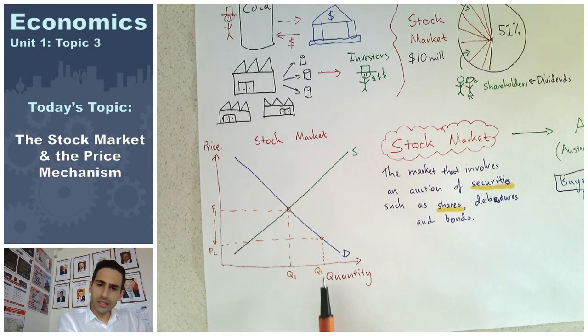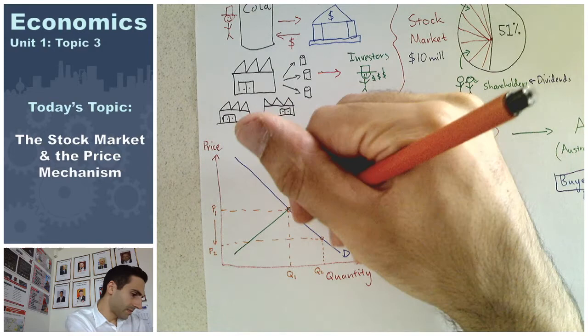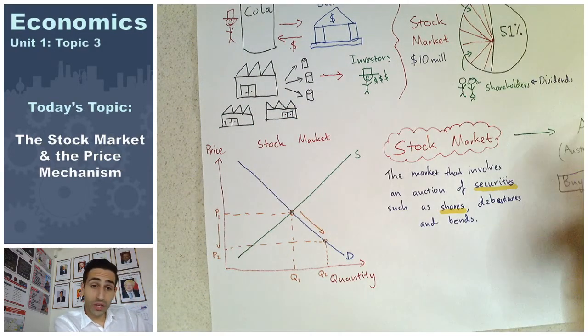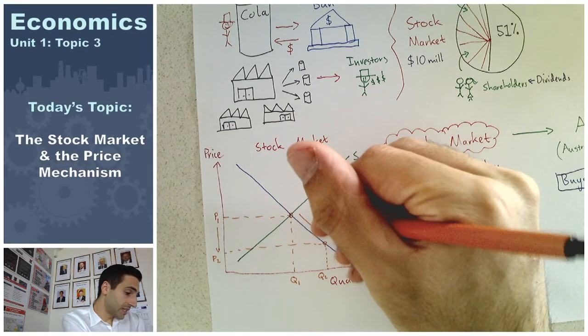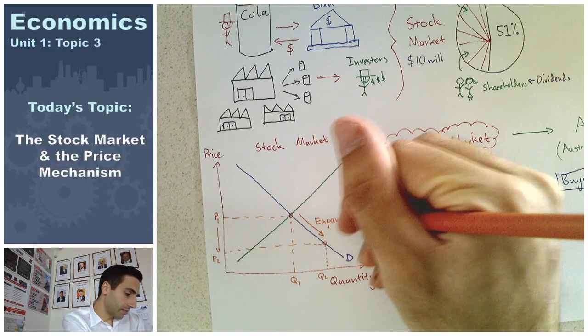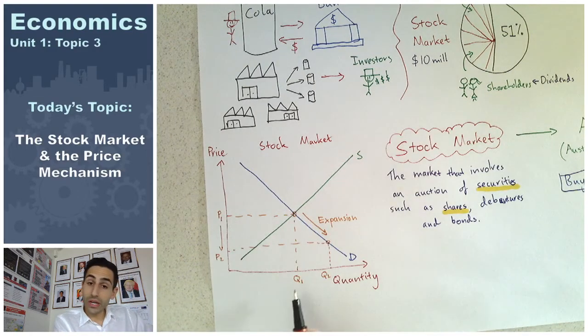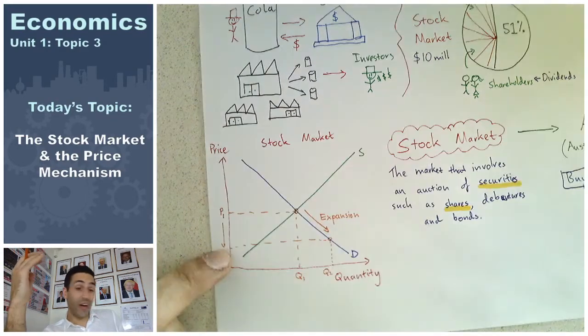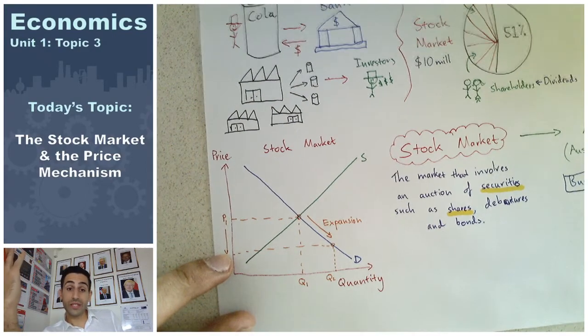If we have a look here, this movement in demand is still, like it always is, an expansion, as now we no longer demand Q1, we demand Q2. Now, why is it? These shares aren't doing well, but we want to buy more of them. I guess the logic is these shares are now at a bargain price. I think that's the idea.